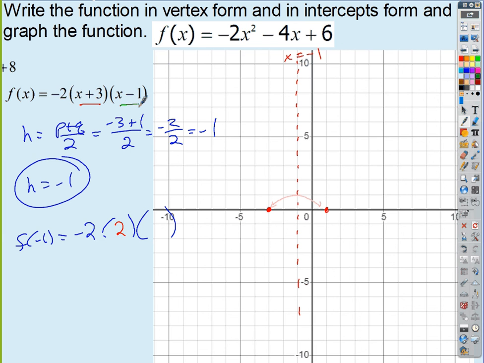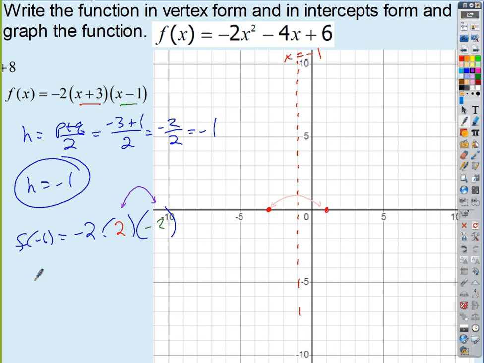Negative 2. And notice, and this will always be the case, that when I am calculating H, because it's halfway in between, those two numbers I get are always going to be opposites every time when I plug H in to find K. And then if I multiply those three things together, it's easy, right?